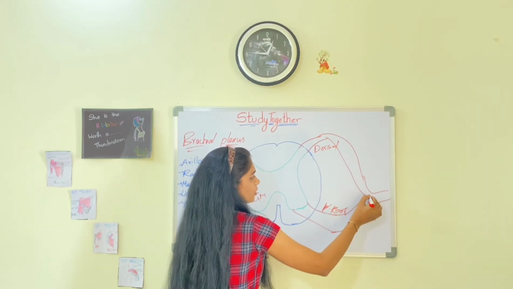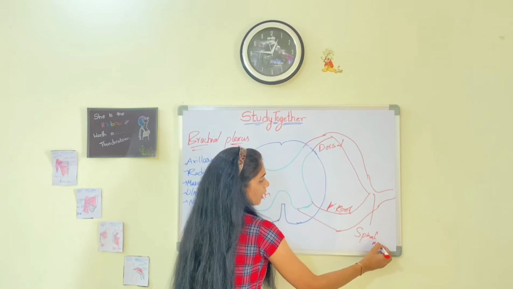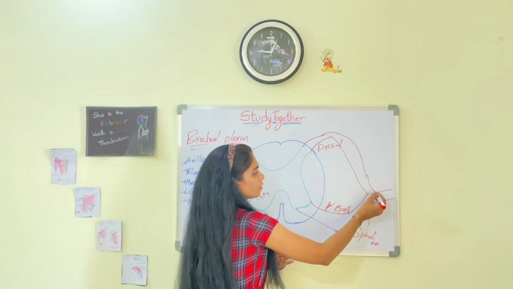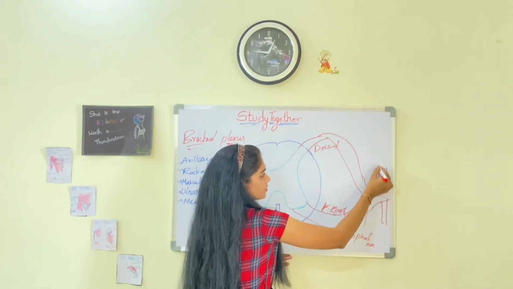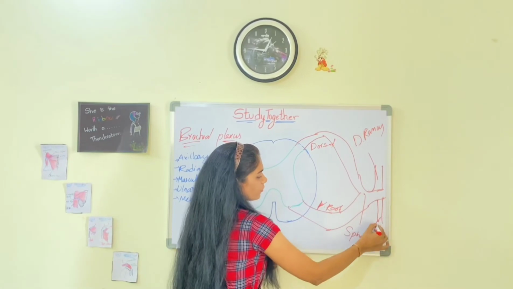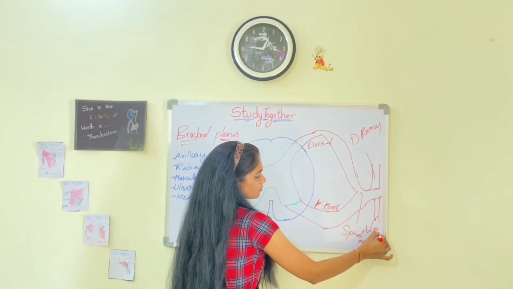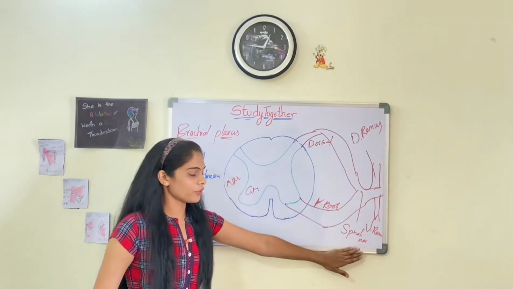This is your spinal nerve. Again, this nerve divides into dorsal ramus and ventral ramus. This is your dorsal ramus and this is your ventral ramus. So this is how spinal nerve, dorsal and ventral ramus are formed.